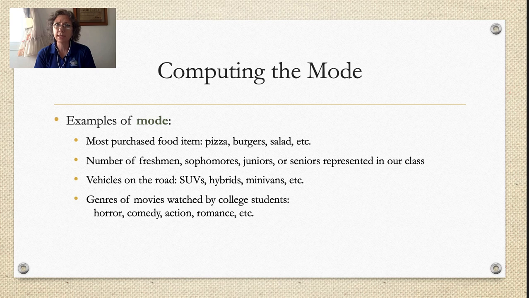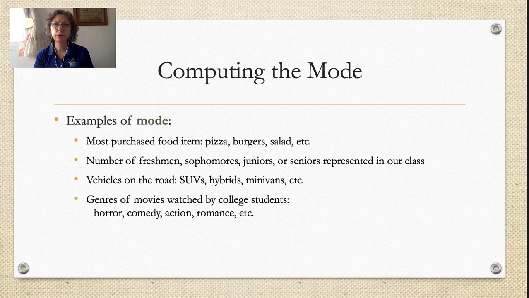And we find out that, let's say, pizza was the food item purchased most often, then the mode of that variable would be pizza. You could also get the mode of other categorical variables, like college year. How many freshmen, sophomores, juniors, or seniors are represented in our class, and which one is most often occurring. When we find that, we found the mode of that sample, that it's mostly, let's say, juniors.